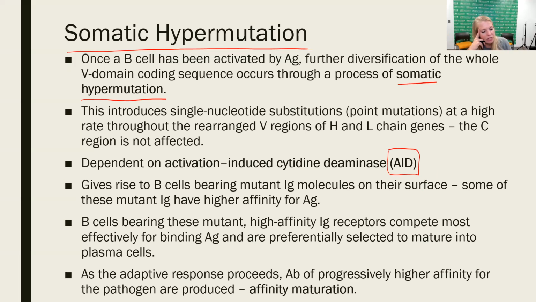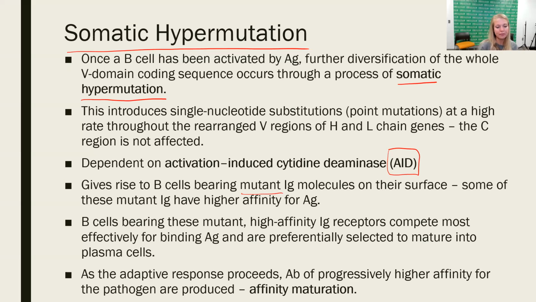This enzyme is going to provide a whole bunch of B cells now, it's called proliferation, and each of these B cells is going to have a slightly different type of immunoglobulin. And so they're going to be mutant.